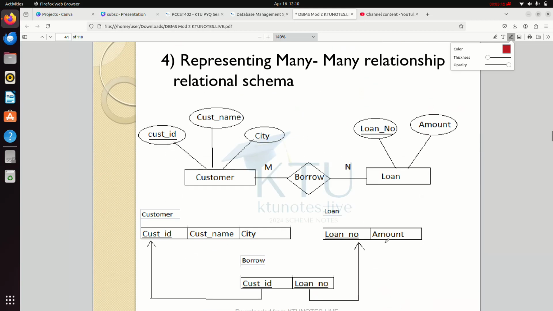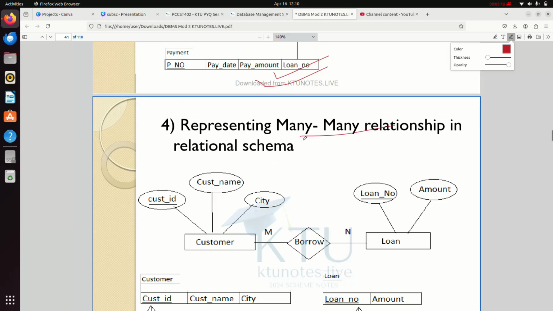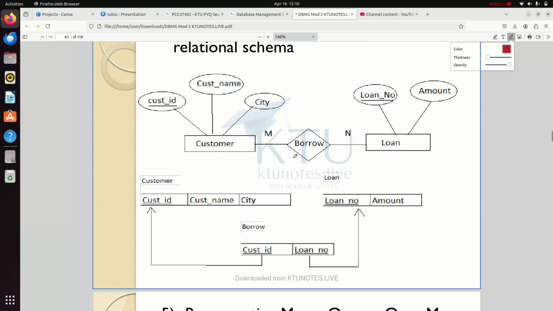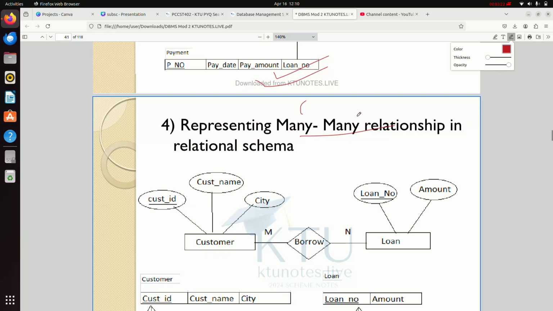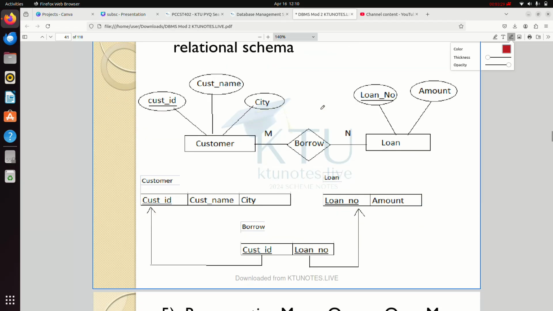Fine. Now different relationships, how you can represent many to many. Whenever a many to many relationship comes, the thing you have to understand very clearly is that in a many to many relationship only, the relationship would have a separate table. Like borrow would have a table, where this is the customer table and this is the loan table.